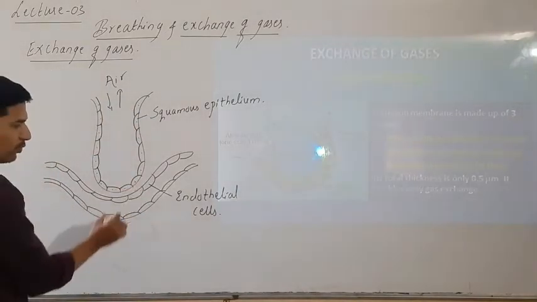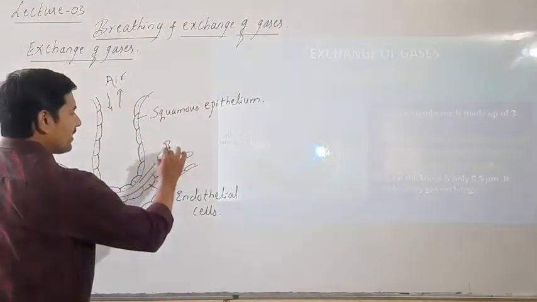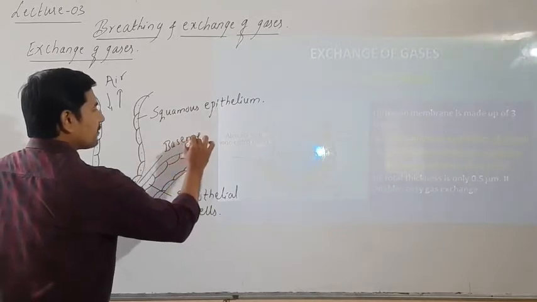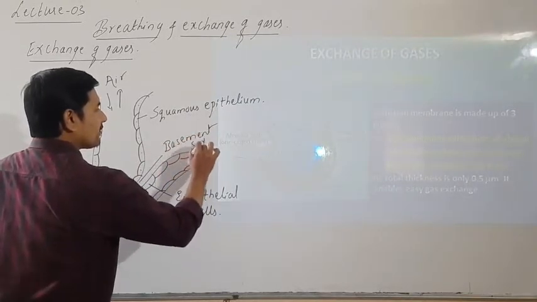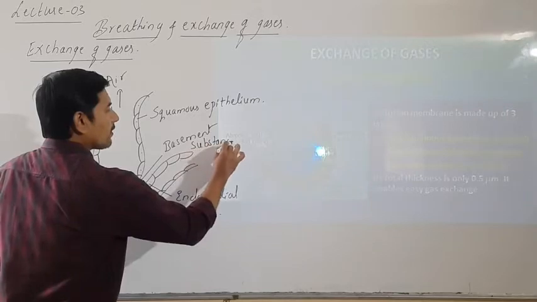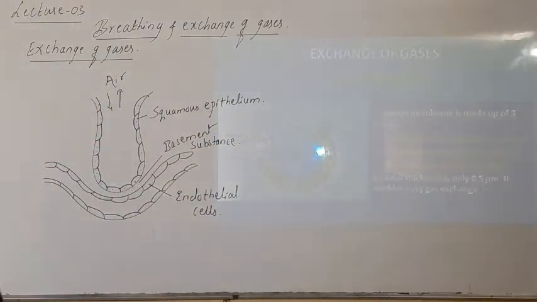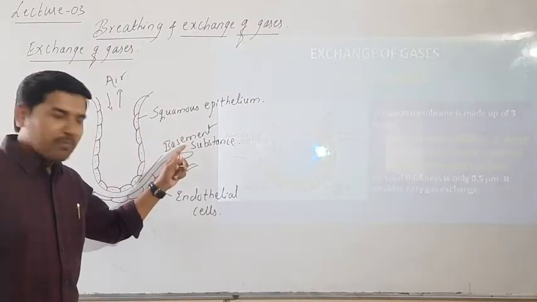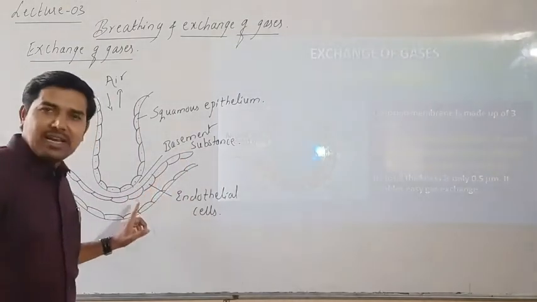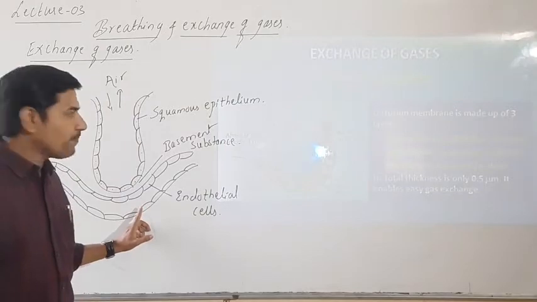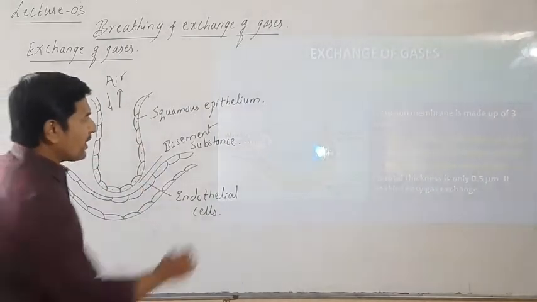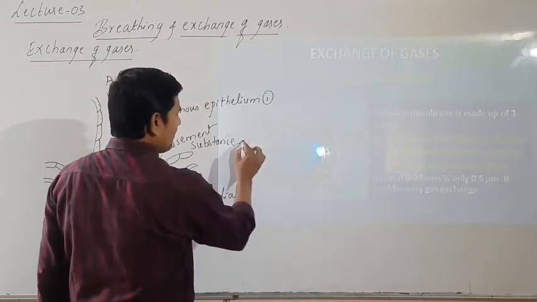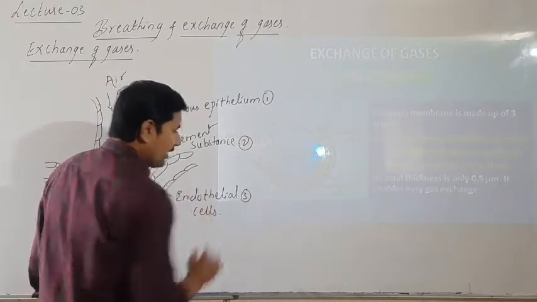And in between these two, here we have the basement substance. Look at this. Now we have squamous epithelium, basement membrane, and an endothelial layer of blood capillaries. All these three together, so this is 1, 2, and 3.